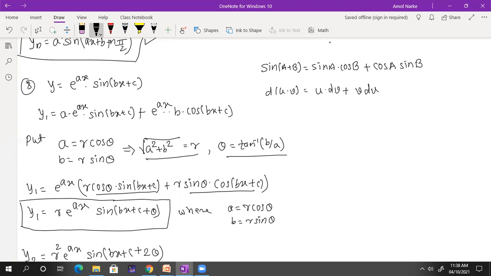So check it out. Don't remember this proof. Just remember y1, y2, y3. Okay. And these are the substitutions.